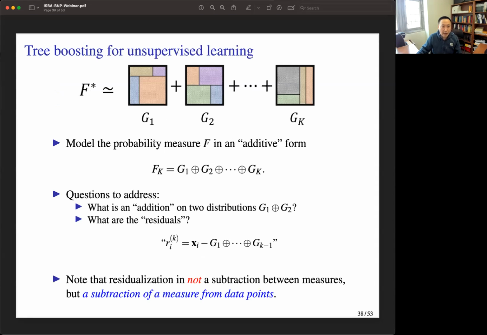So what I'm after here is to come up with an unsupervised counterpart of this fitting strategy for a supervised additive model. But now the problem is unsupervised. So we think our target is some unknown sampling distribution from which your IID data is coming. And then you want to represent it as an additive combination of K single tree models.